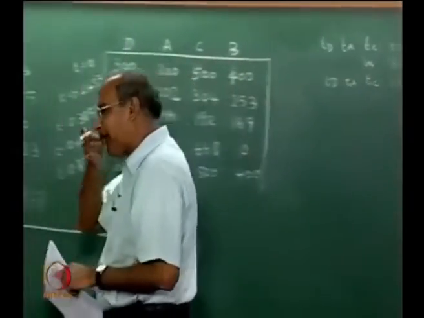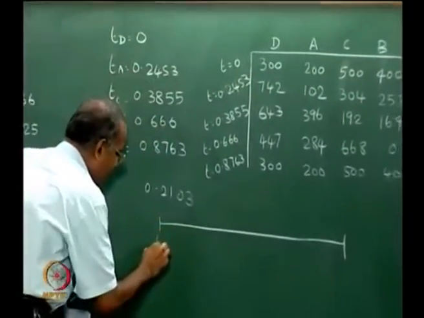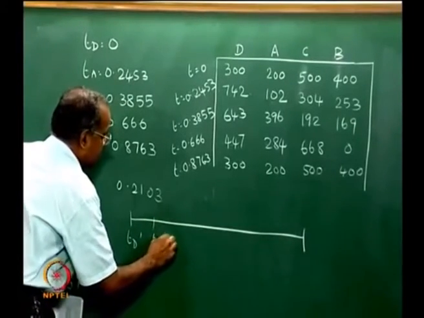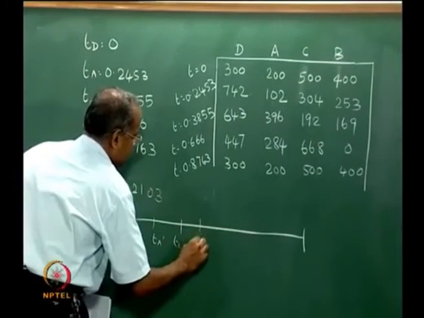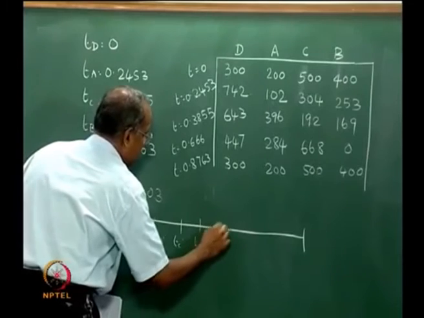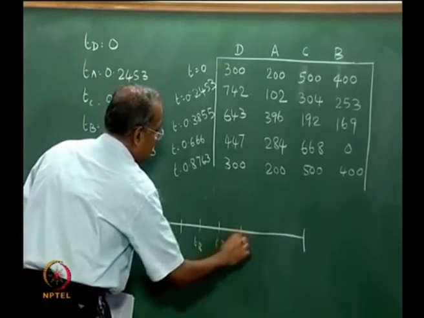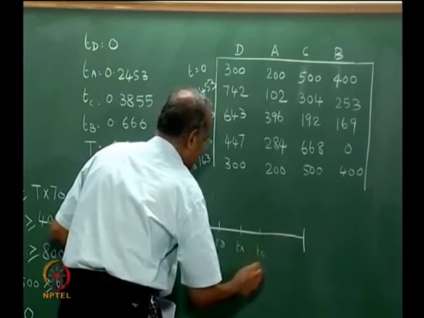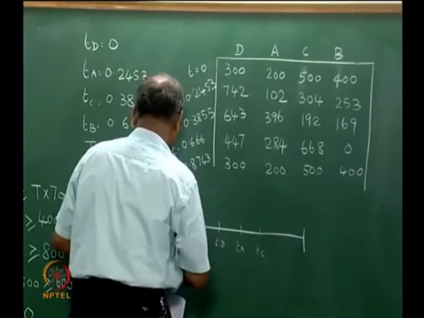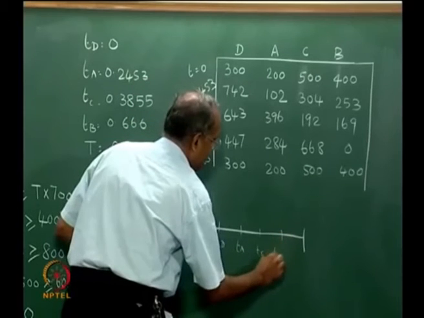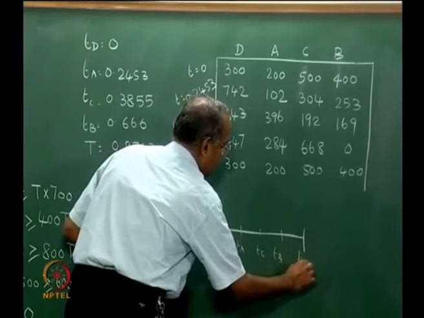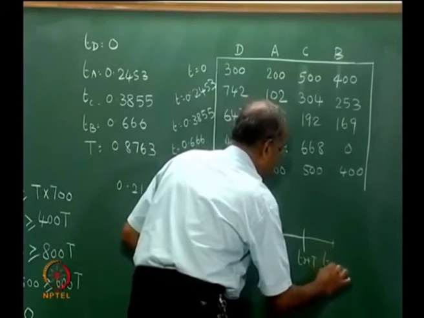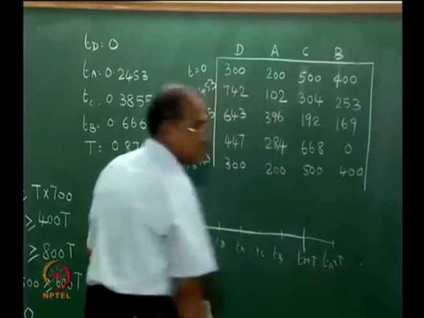Steady state cycle. So it is like saying I have a TD dash, TA dash, TC dash, TB dash, TD, TA, TC, TB, TD plus T, TA plus T and so on.